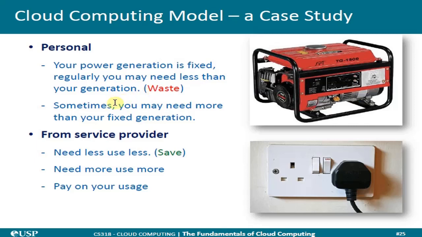Also, sometimes you may need more than your fixed generation. Your generator might be generating some electricity, but maybe there is an event taking place at your house, and suddenly you need way more electricity, and your generator cannot provide that much. So you could have wastage, or you could have shortage, if you are set up to supply your own electricity.